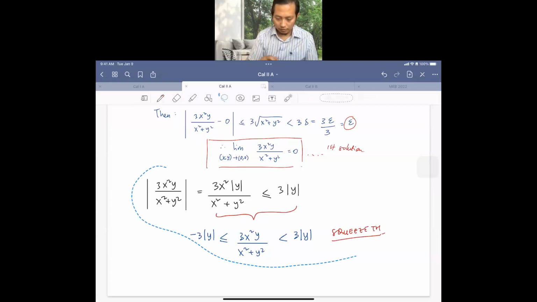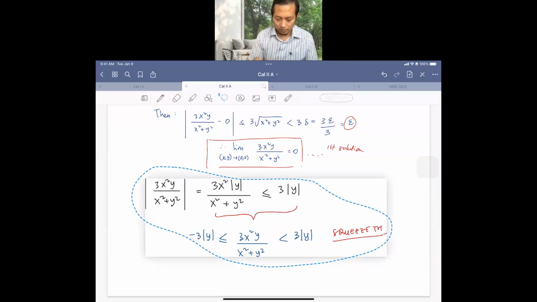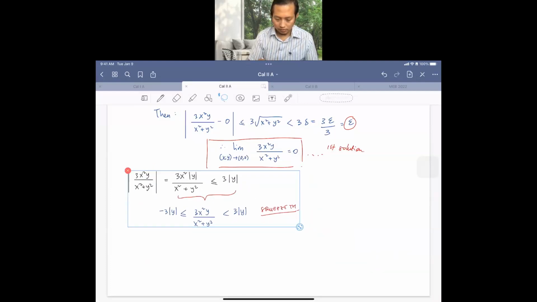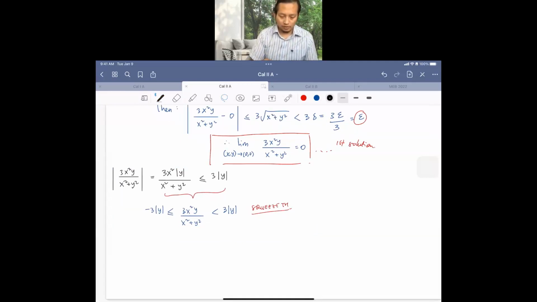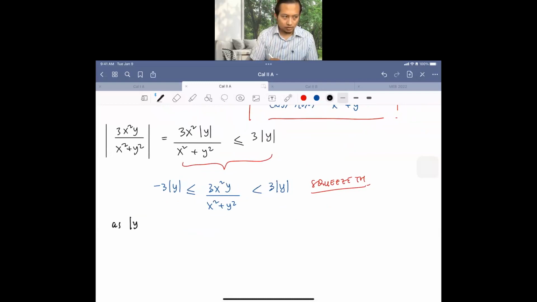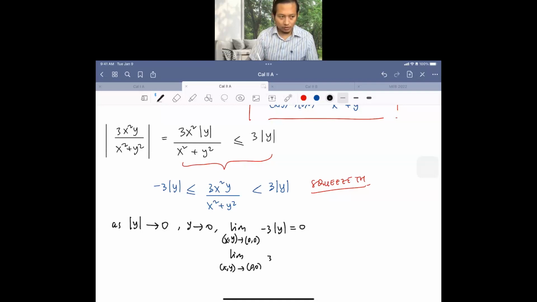Now as y is going to 0, the limit of this is also 0, and the limit for the positive one is also going to be 0.